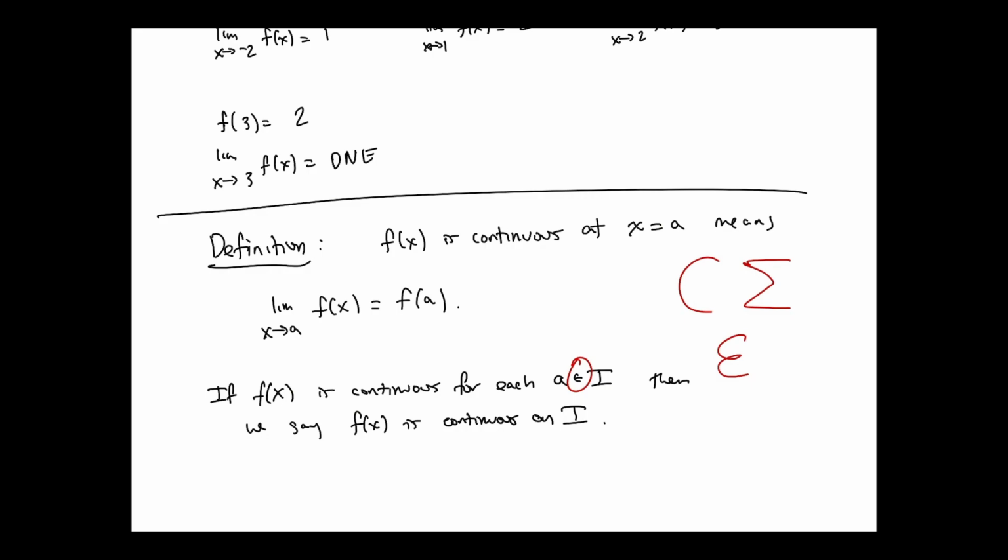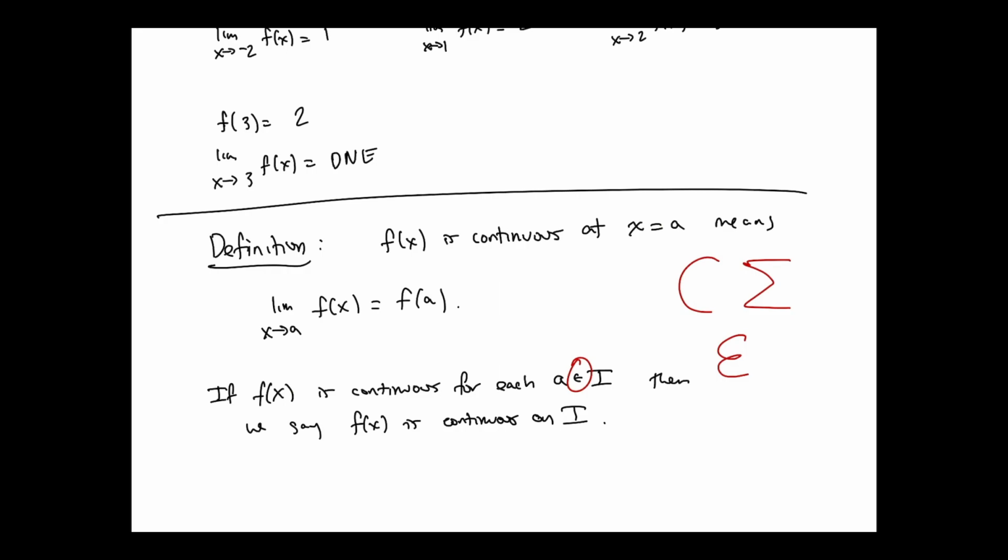A is an element of, hence why it's sort of like an E, the interval I. So it just means A is actually inside that set. It's contained in there. Okay, so is that all right? So what does it mean to be continuous on an interval? You're continuous at every point along that thing. So that kind of makes sense, right?